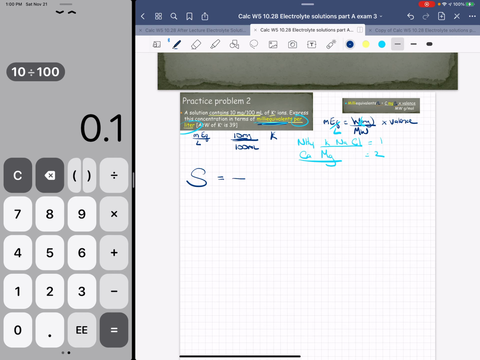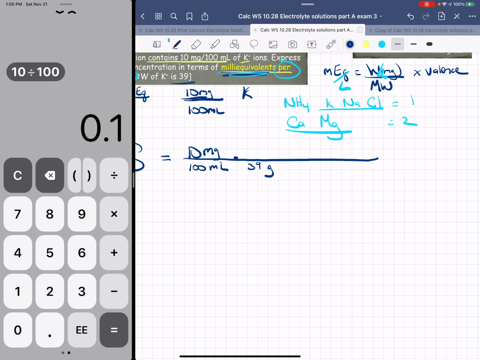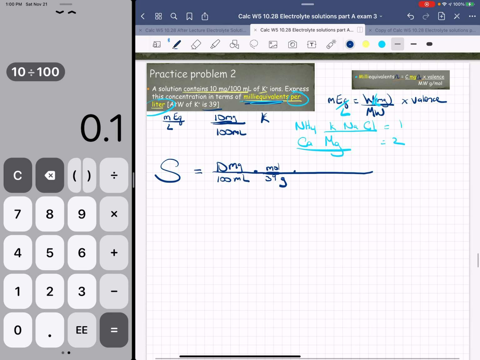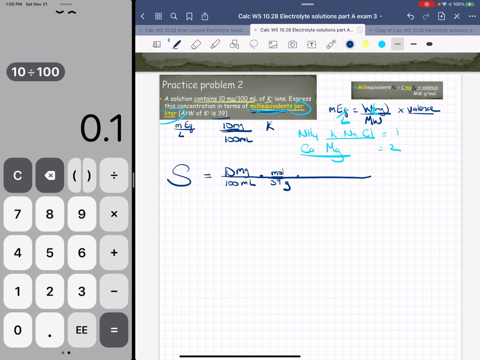And again, to make it easy, it's going to be 10 milligrams per 100 milliliters times the molecular weight, which is 39 grams per mole. And now I need to times it by the valence. The valence is going to be 1 because this is potassium.